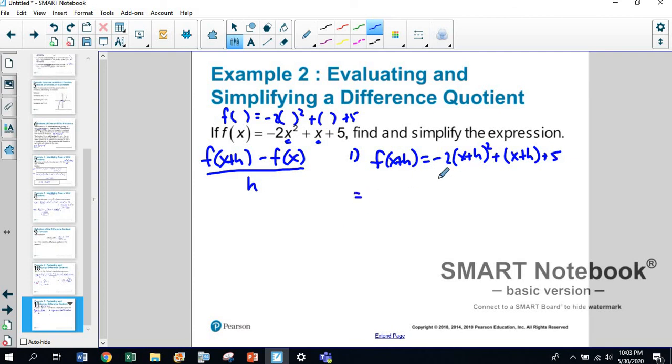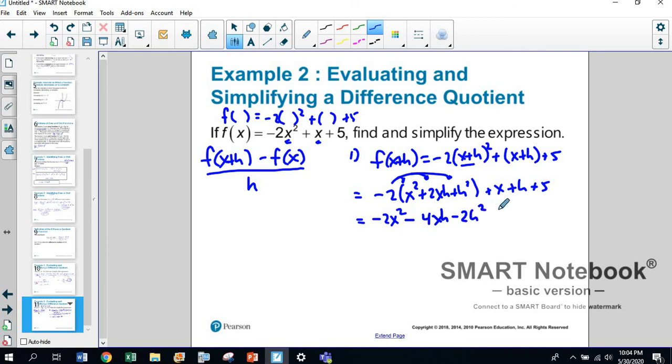If we simplify that, square out x plus h, you have to FOIL it. X squared plus 2xh plus h squared plus x plus h plus 5, and then distribute the negative 2 and get negative 2x squared minus 4xh minus 2h squared plus x plus h plus 5.